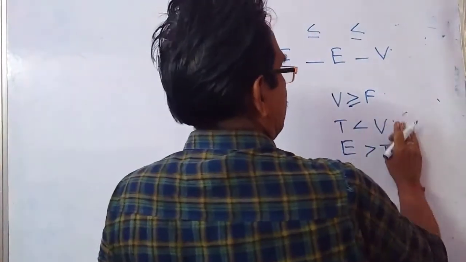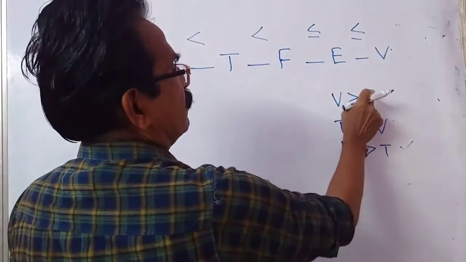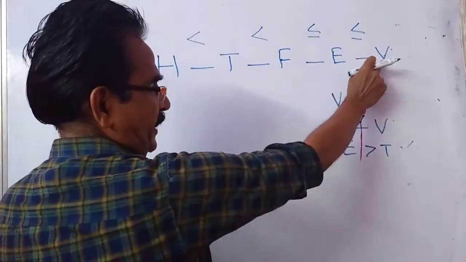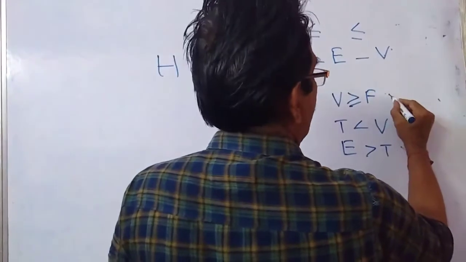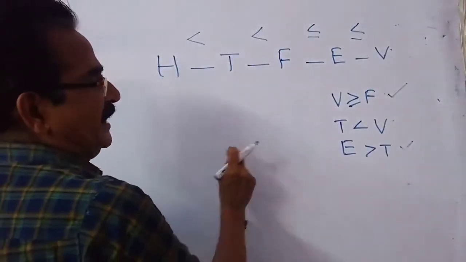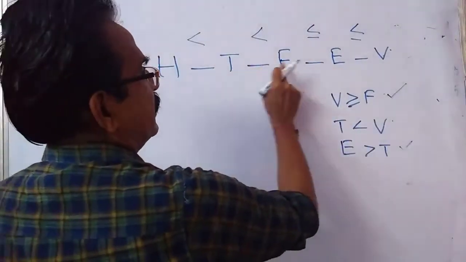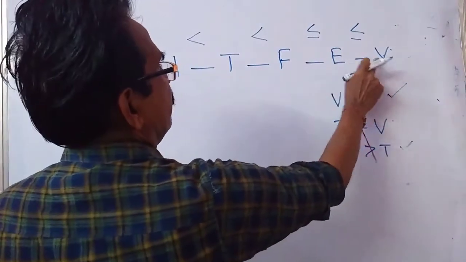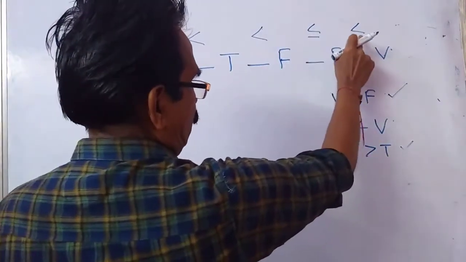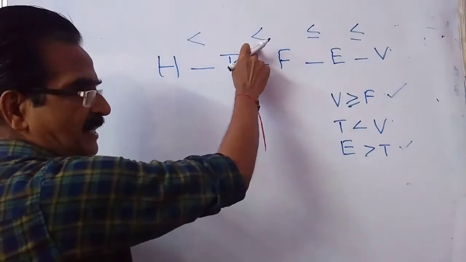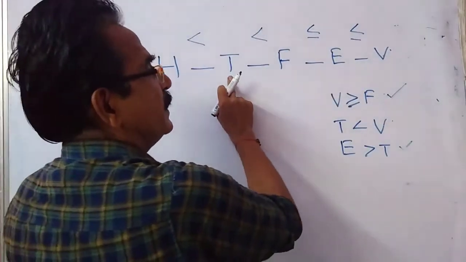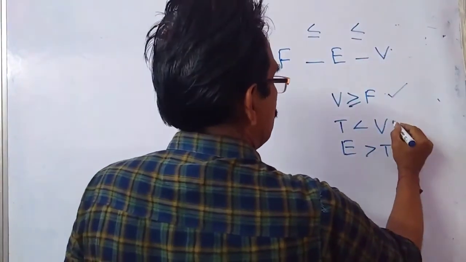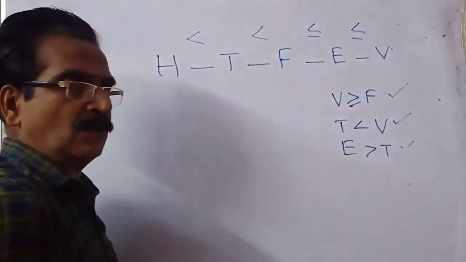First let us see V greater than or equal to F. Yes, V greater than or equal to F. Fine. T less than V. Yes, between T and V, less than or equal to, less than or equal to, so one less than is there. So T less than V. This is also good.